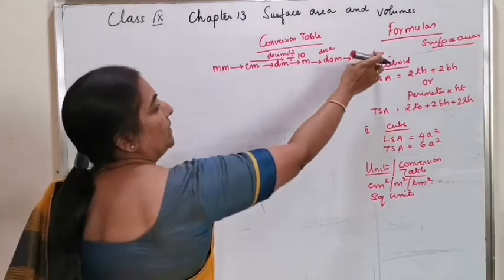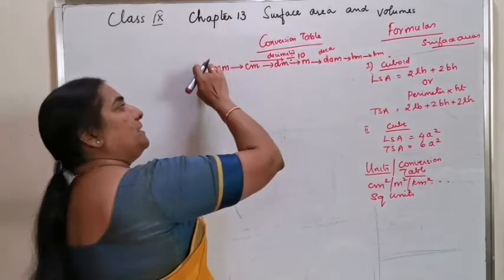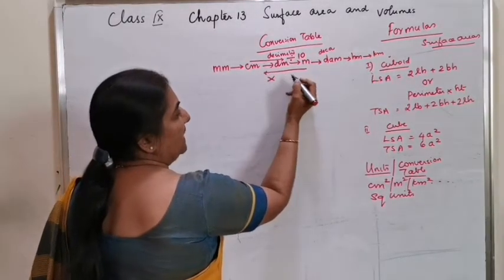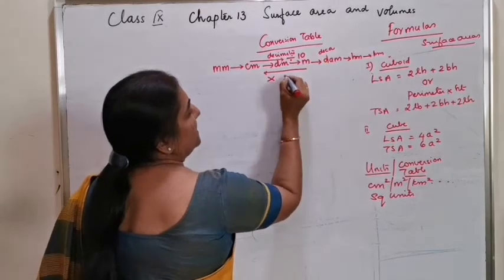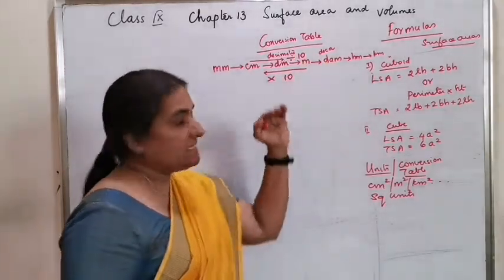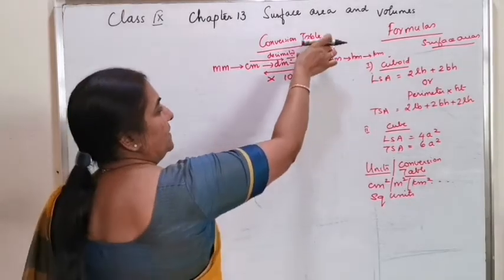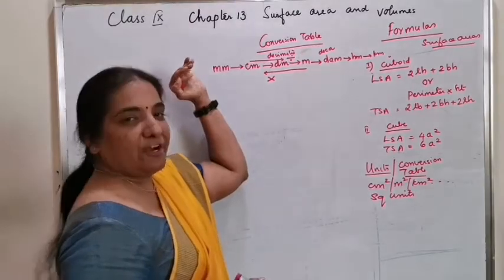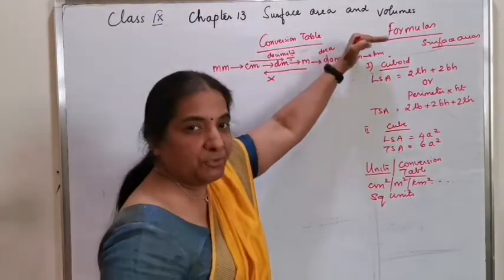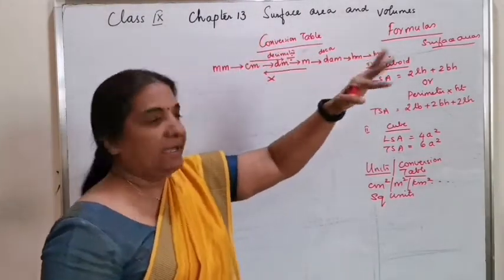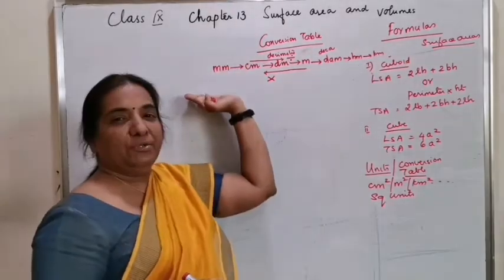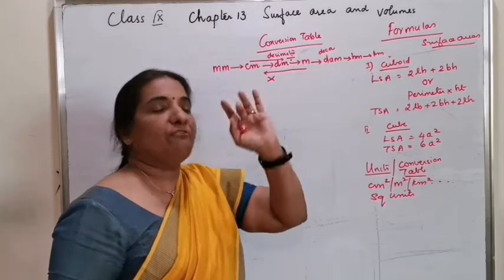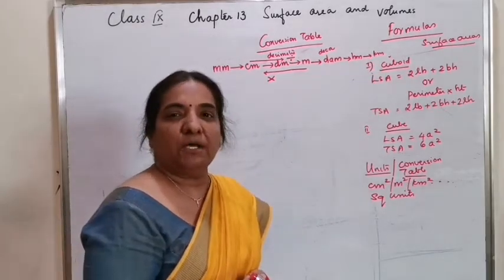And when you have to convert from a bigger unit to a smaller unit, naturally you will multiply by the powers of 10. Moving from a smaller unit to a greater unit, you will divide, and from a higher unit to a smaller unit, you will multiply by 10 to the power of as many places as you are moving.